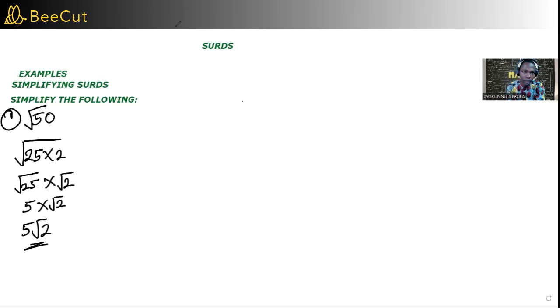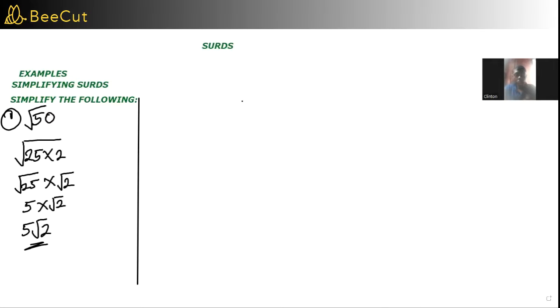Okay, now move to the second. Put that down. Does that mean you must find two numbers? Yes, it might even be more than 2, but at least some of the numbers that you're finding must be perfect squares.